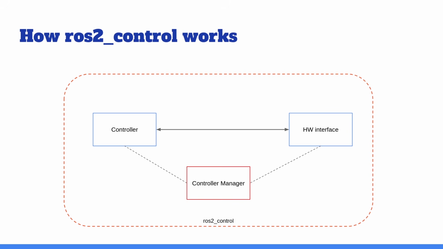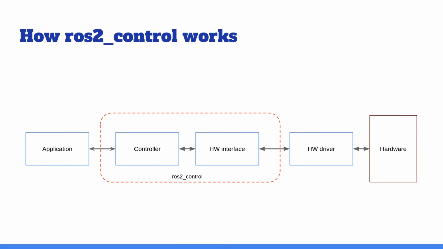So in the end, what we need to do with ROS2 control is provide a controller, provide a hardware interface, and then with the controller manager, we can start everything. So coming back here, that's everything we need to do to adapt the robot to ROS2 control. I'm going to give you an example with some units, because it might still be a bit confusing.